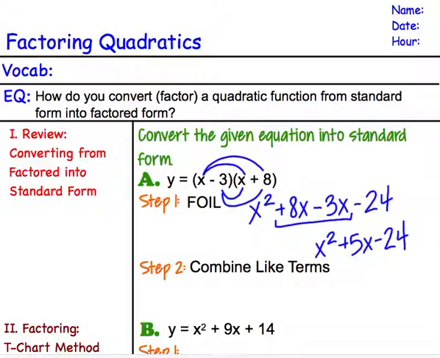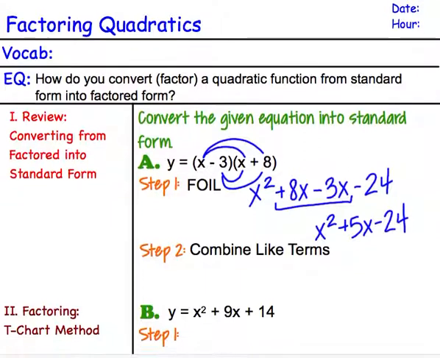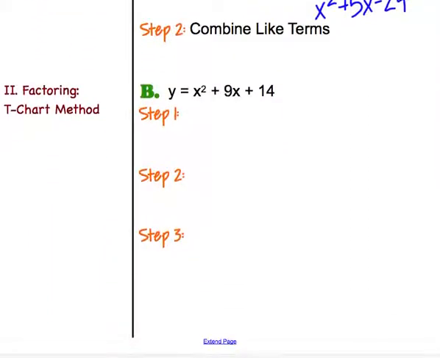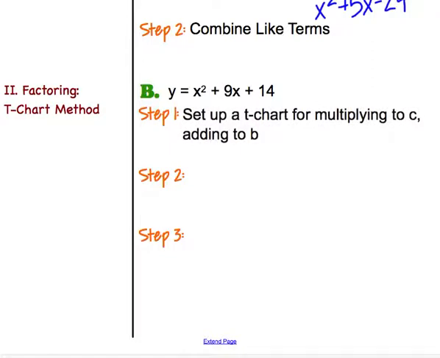So now we're going to take that and go the other direction. Our first example is y equals x squared plus 9x plus 14. Our first part, what we're going to do is set up a t-chart. And we need to multiply to c and add to b.